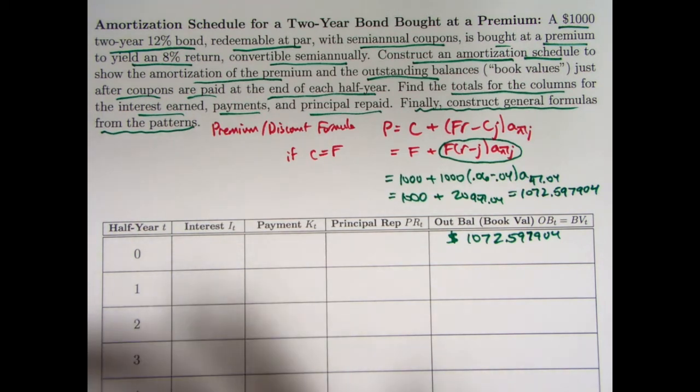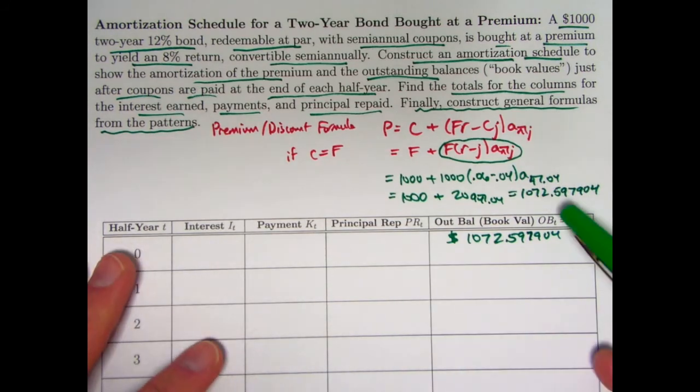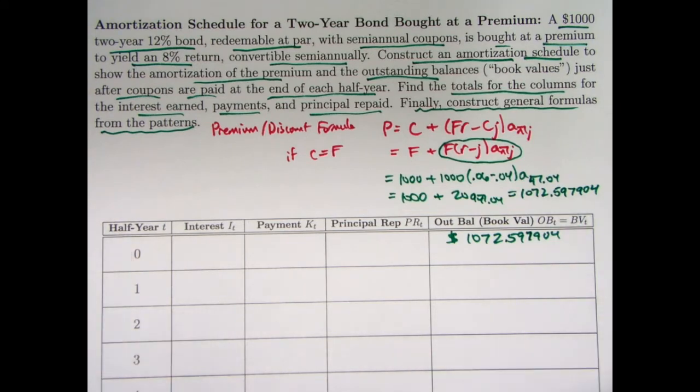You are giving them money at time 0. That's the price. That's a loan. In this case, the loan is $1,072.60. They are paying you back with interest over time. The coupon payments are part of the interest, and the redemption value at the end you could sort of think of as possibly being part of the interest, but also completely paying off the balance, whatever the balance happens to be.